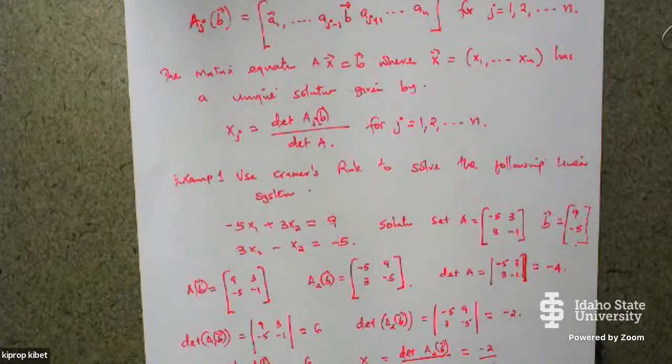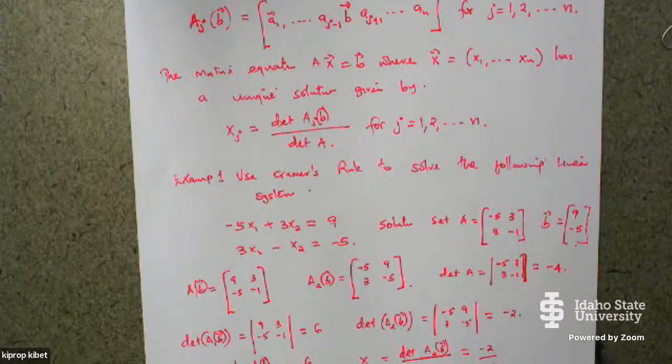So what you do, you set A to be the coefficient matrix, and then we set our B to be that. Now, A1(B) is where you replace the first vector by B. For A2(B), you replace the next one.